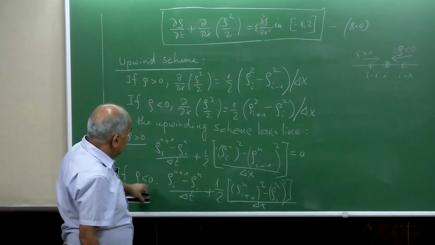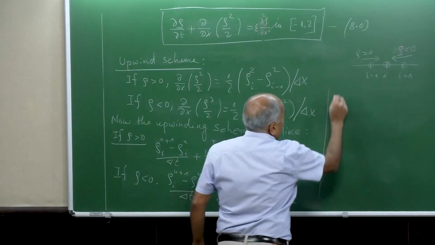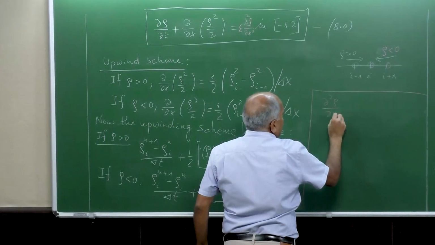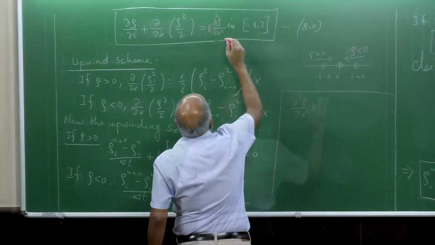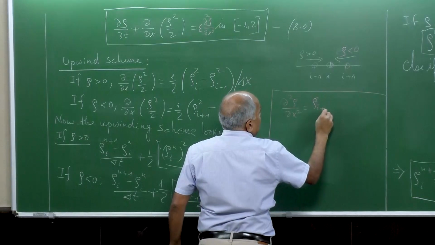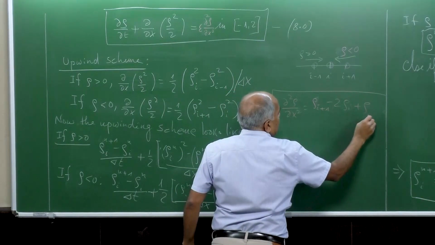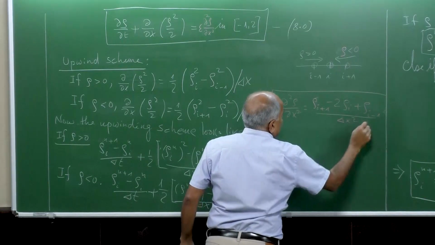And then, we already remember that del 2 rho by del x square is rho of I plus 1 minus 2 rho of I plus rho of I minus 1, divided by delta x square.